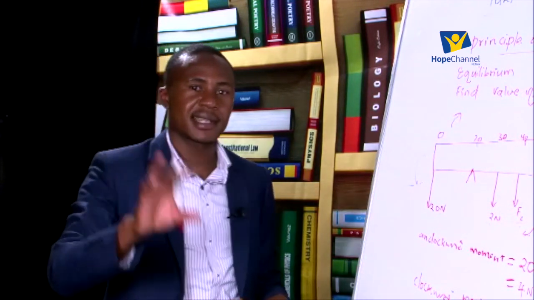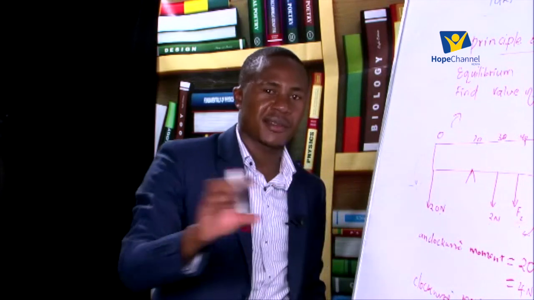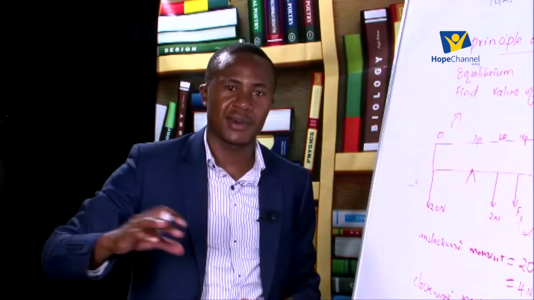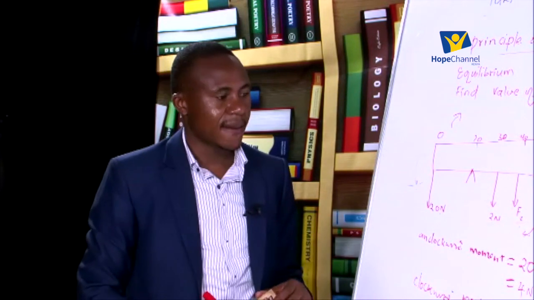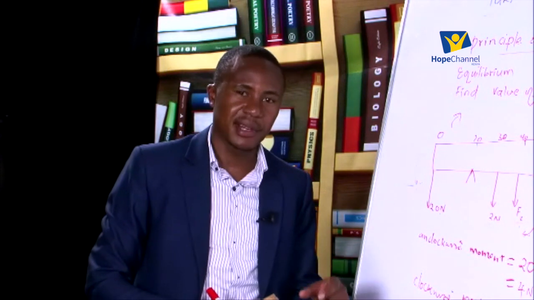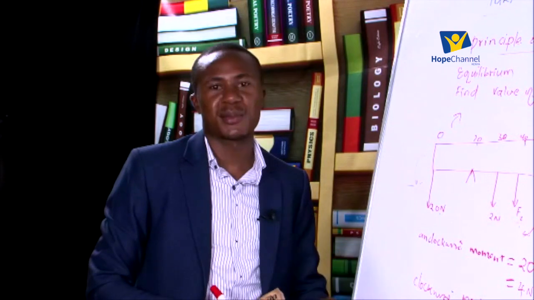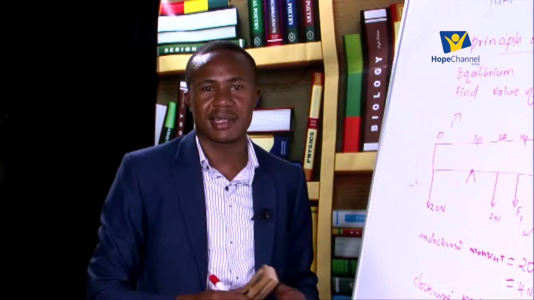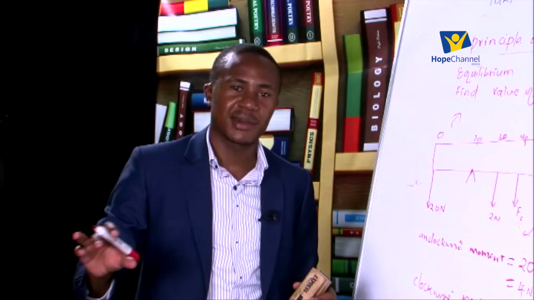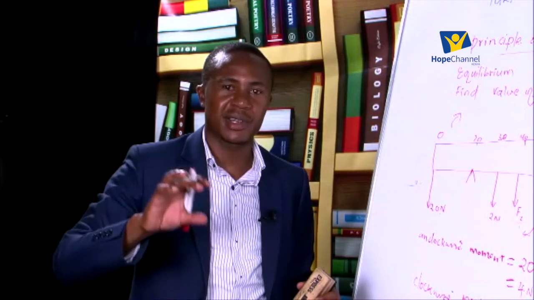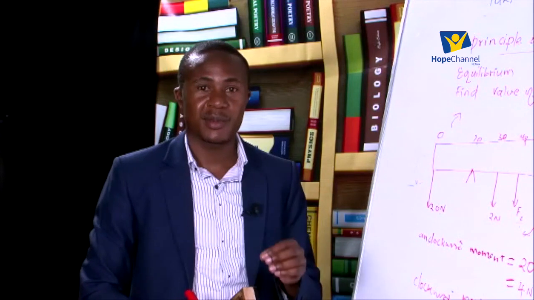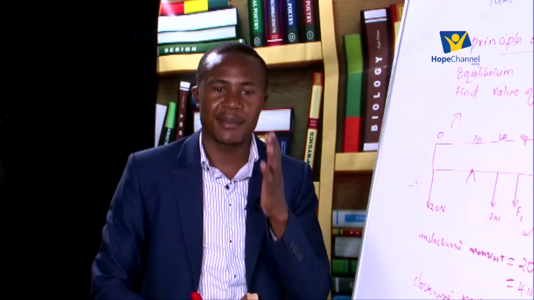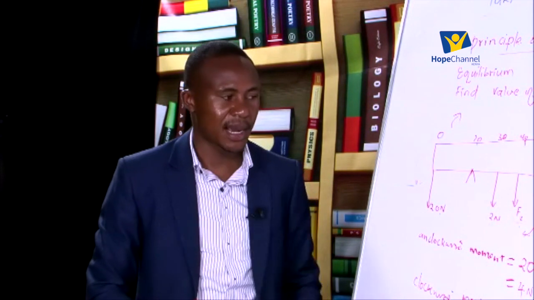And now, if a system has more than one force, that means 2, 3, 4, or as many forces as it can accommodate, then if that system happens to be in equilibrium, the principle of moments will come into play. That if the system is in equilibrium, then the sum of the clockwise moments will be equal to the sum of anti-clockwise moments, but about the same point of support.